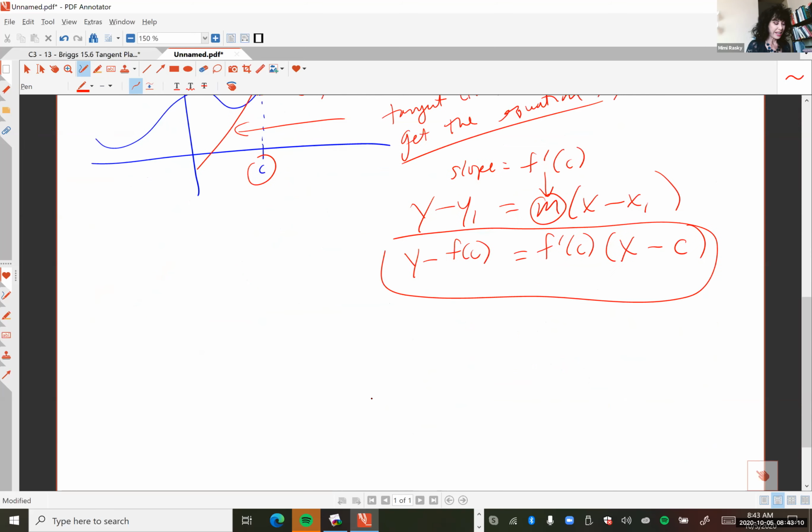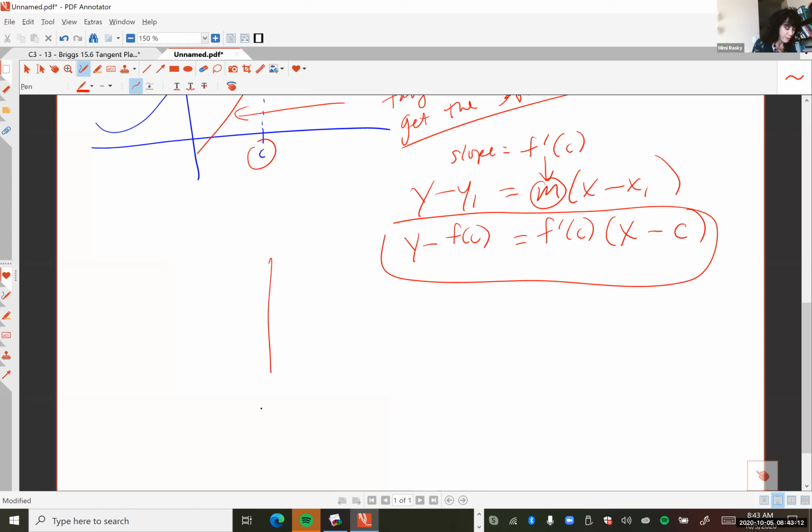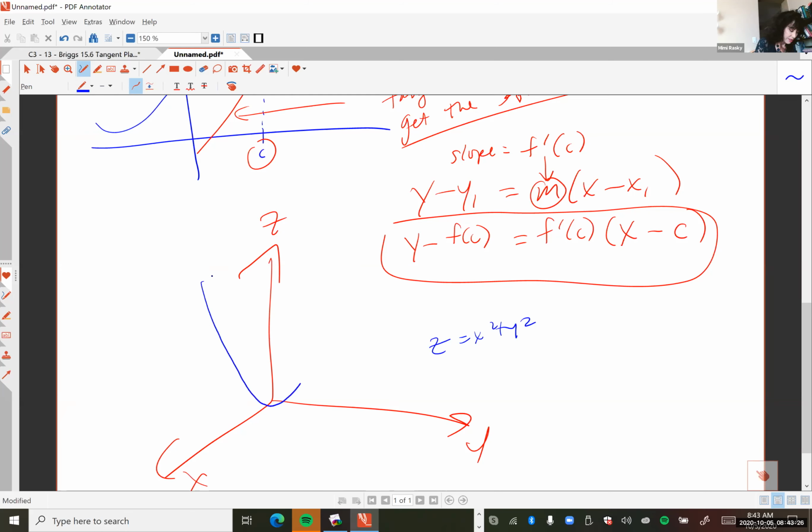So just keep your eye on the ball here. Let's say you had some surface, and I'll just make something up. You could have a paraboloid, say z equals x squared plus y squared. That's kind of a cool surface. It looks like that. And let's say somebody picked a point on this beautiful paraboloid, like right there, or anywhere really.